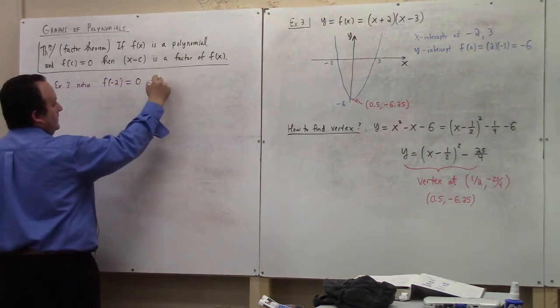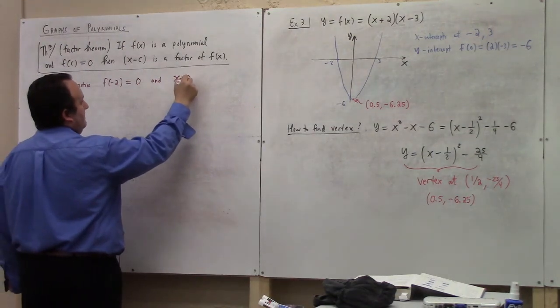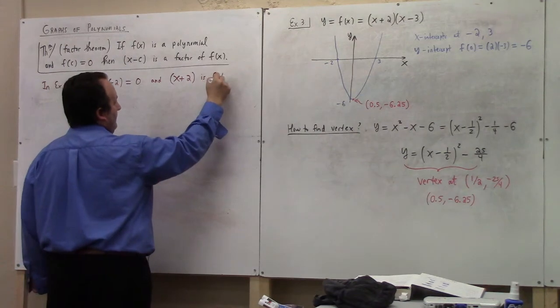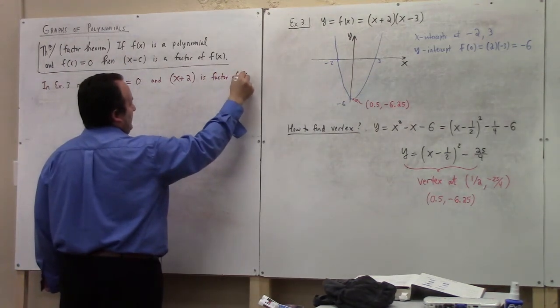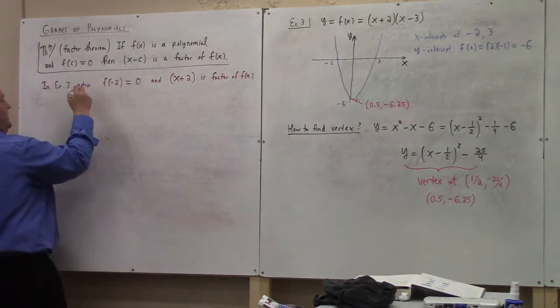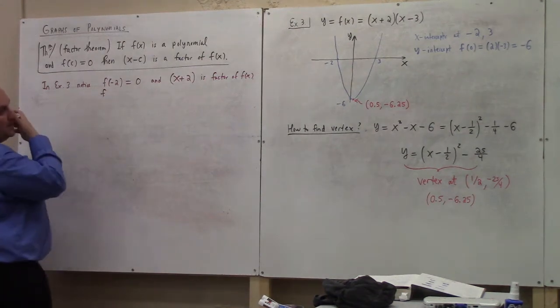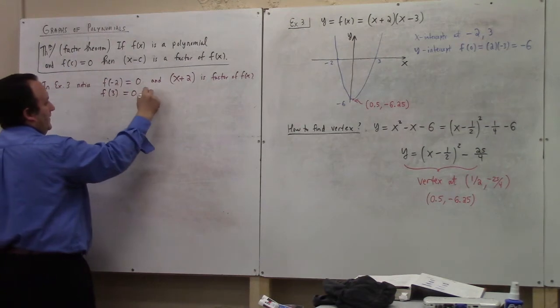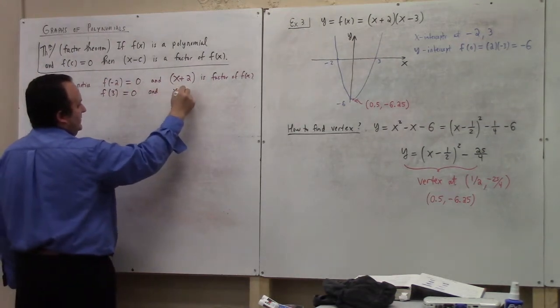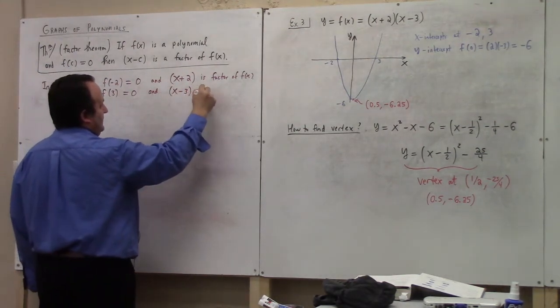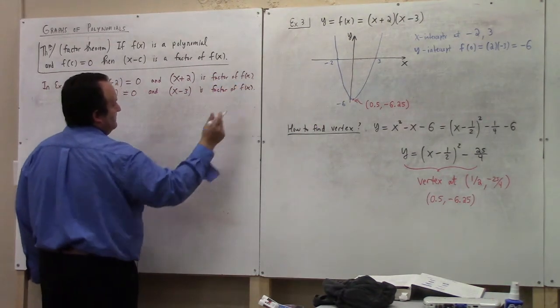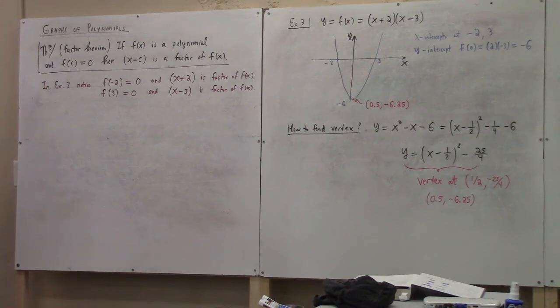And x plus 2 is a factor of f of x, right? And f of 3 is equal to 0. And indeed, x minus 3 is a factor of f of x. That's the factor theorem.